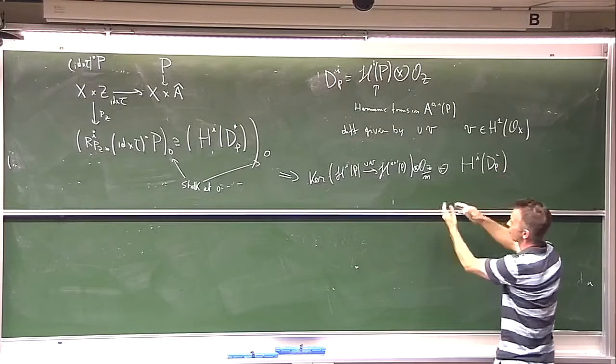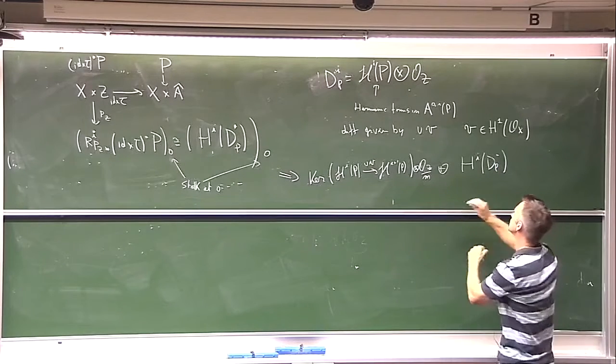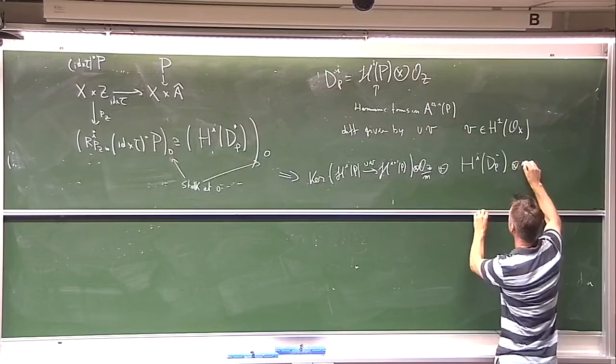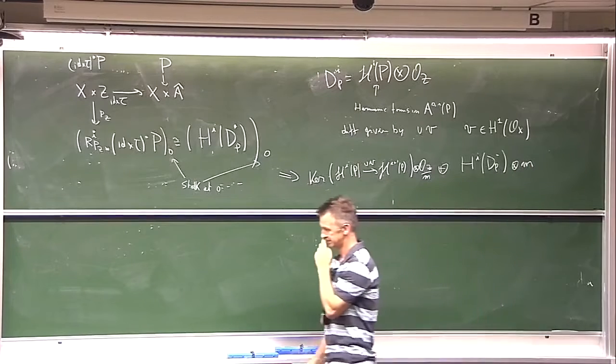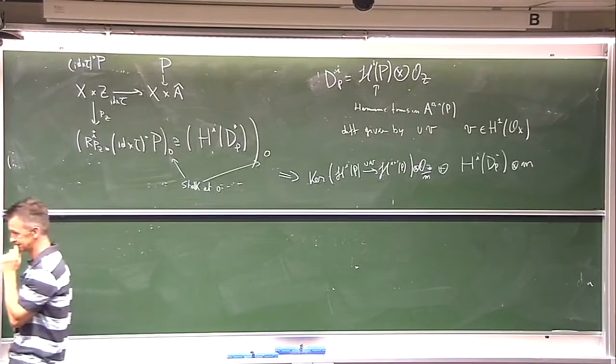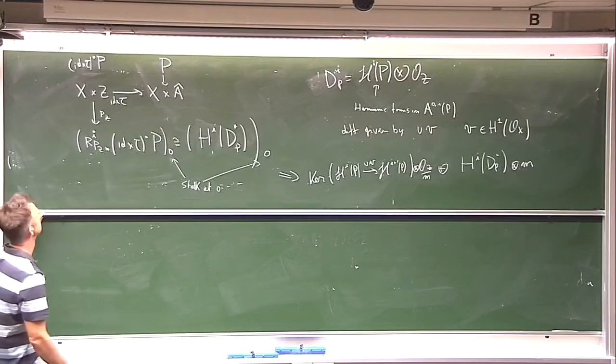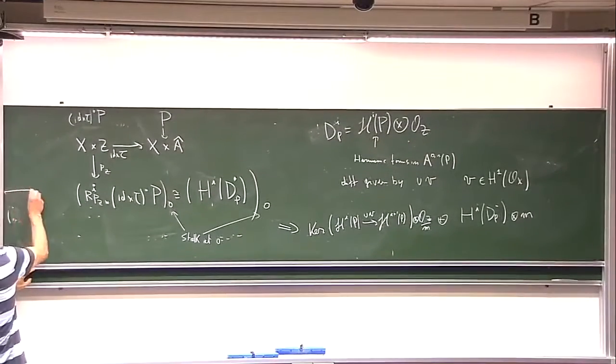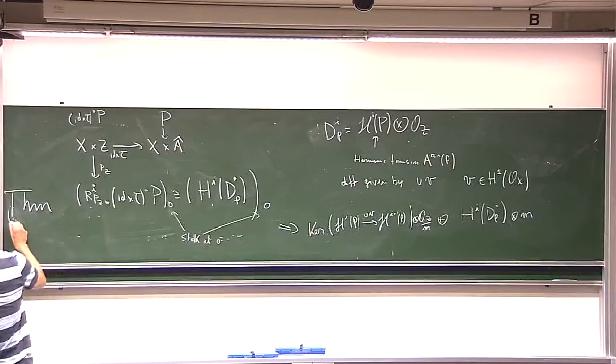So the kernel modulo the image tensored with the maximal ideal. So this is a theorem, this isomorphism. It's a theorem due to Green and Lazarsfeld.